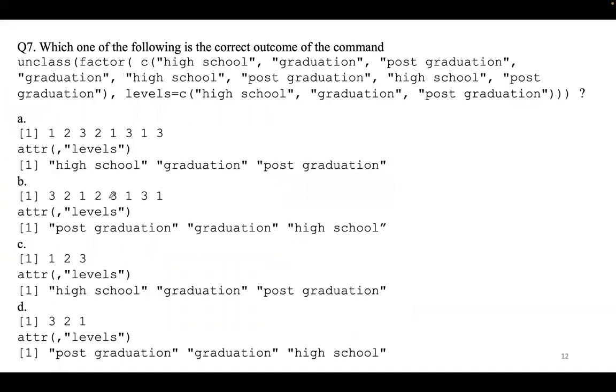Okay, and I think this is the last question. Which of the following is the correct output of the command? Now again, there are a lot of things happening here. I'll just color code the brackets. So you see this bracket is with this bracket here.